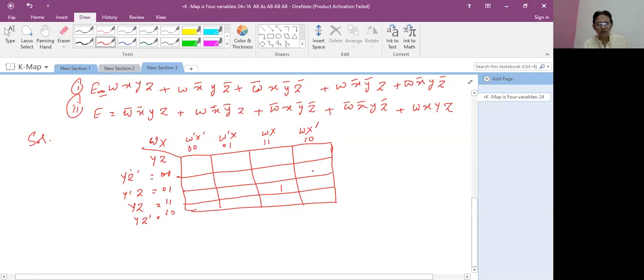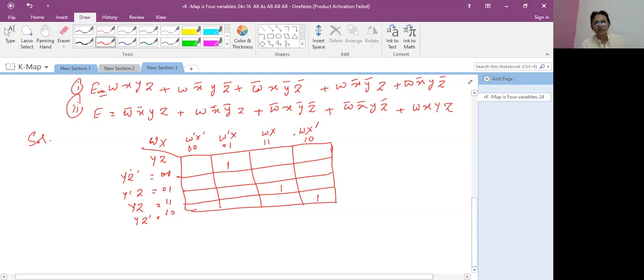This one is X and Z complemented, but W and Y not. In this way. Now the next term is W, Y and Z complemented, but X not. It means W complemented, Y complemented, Z complemented, but X not.